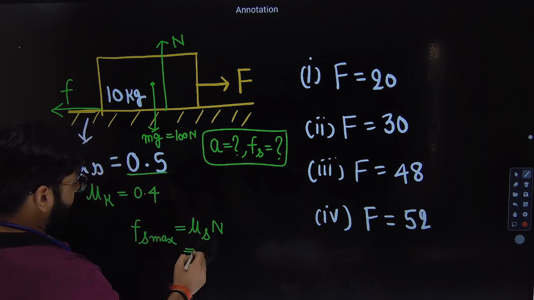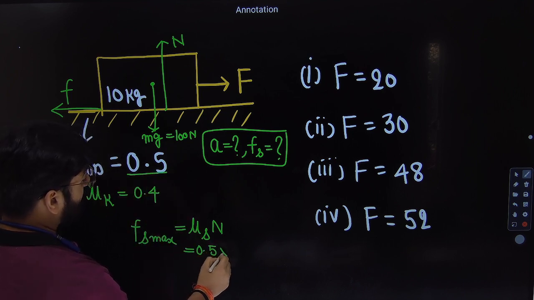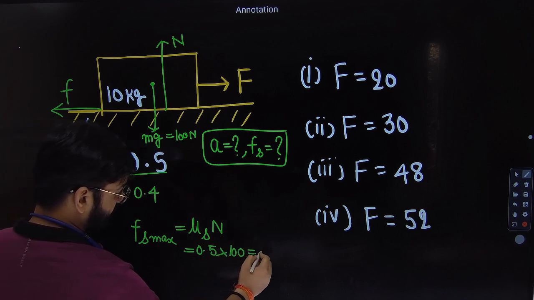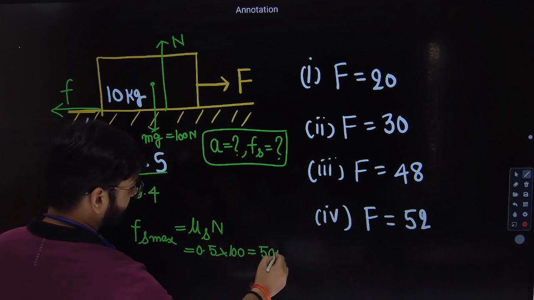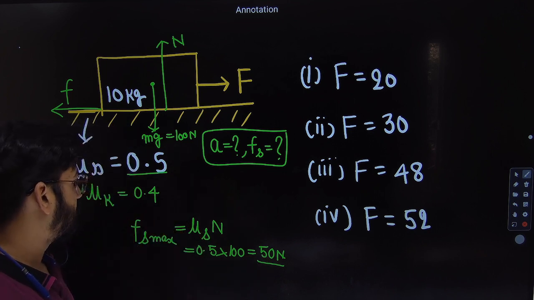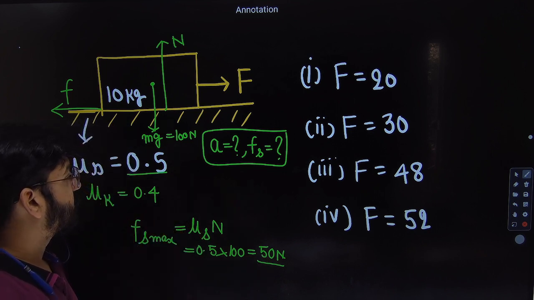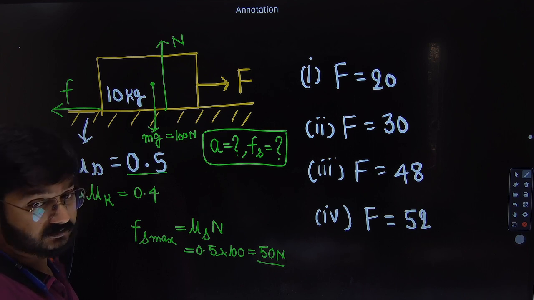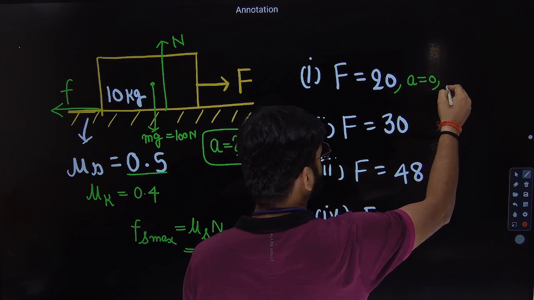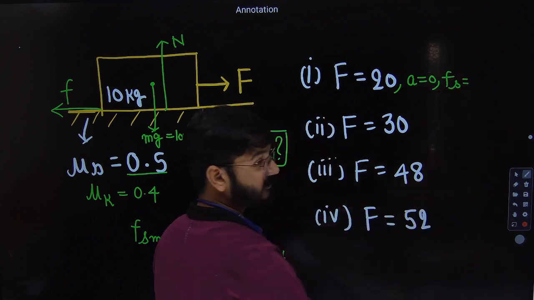Mu s is 0.5. Normal will be balancing the weight. So this is how much? 15 newtons. So in the first case, will the object move? No. Acceleration will be 0 and Fs will be how much?